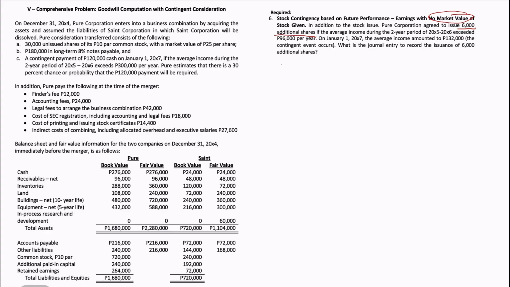So when the 6,000 additional shares become payable, the journal entry is debit additional paid in capital, not additional paid in capital for contingent consideration because we were not able to record APIC for contingent consideration, and credit common stock for the par value of the 6,000 shares. That's 6,000 times 10 pesos.